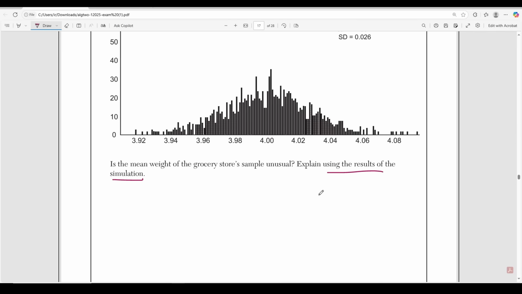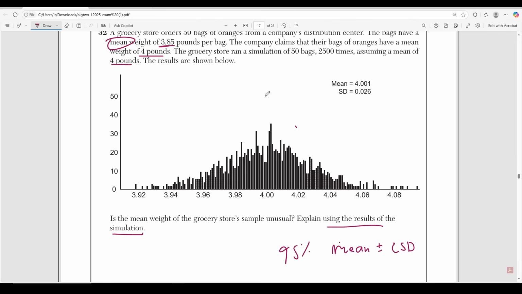And that's whether or not it falls between 95% of the data, okay? So the 95% rule says that 95% of your data is going to be found between your mean plus or minus 2 standard deviations, okay? So if something is further from your mean, for example, your mean right here is going to be 4, right?